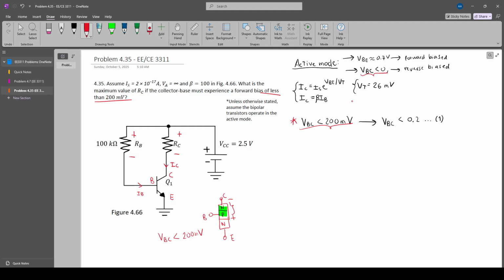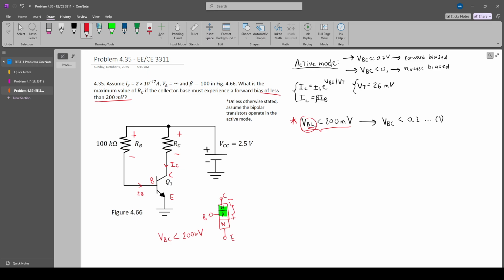So, the explanation for that is that when the BC voltage is less than 200 millivolts, it means that the junction is not fully on. Why? Because it is not equal to 0.7 volts. The diode in this junction is not on because the voltage across the BC junction is less than 0.7 volts, and it's very close to 0 or a negative value, right?